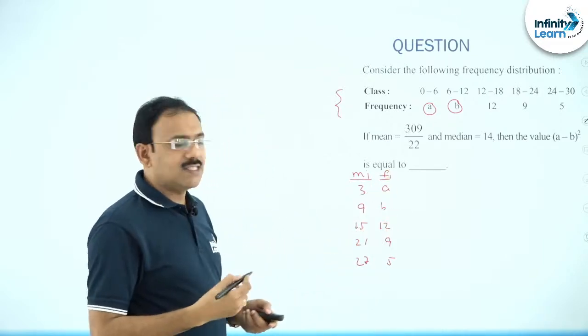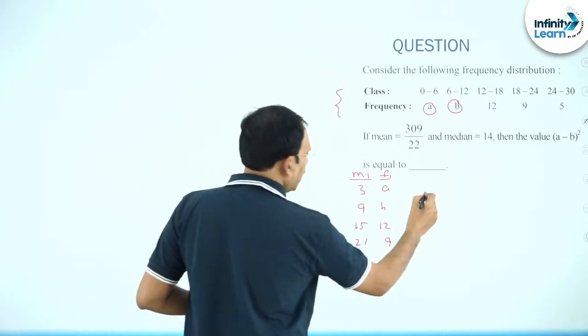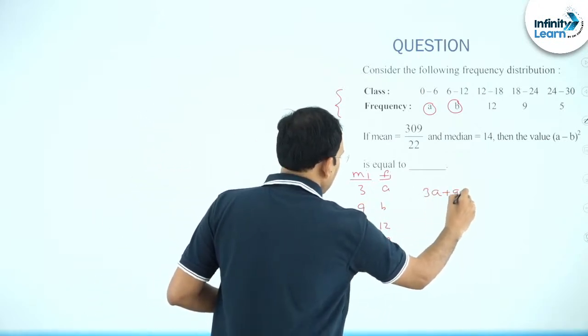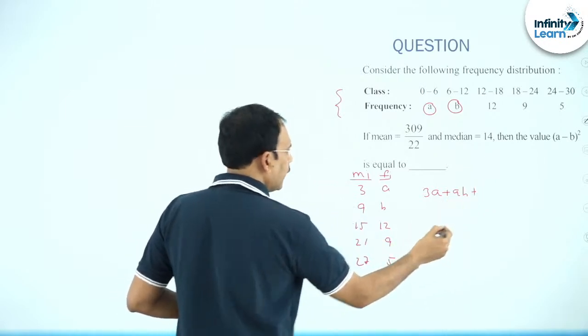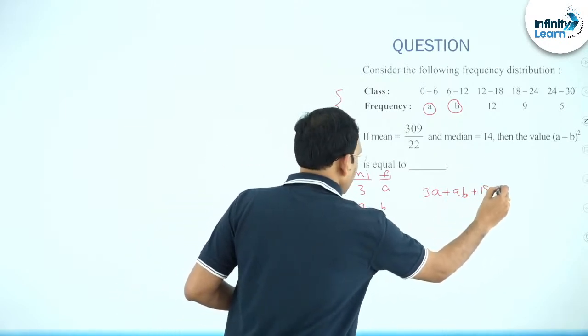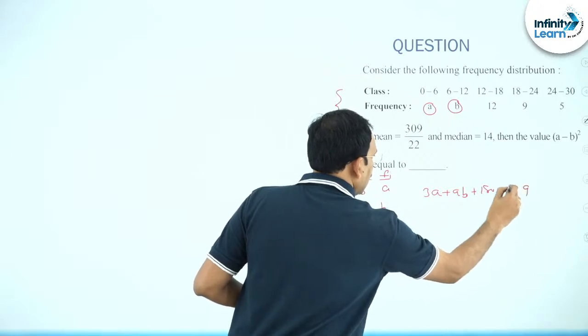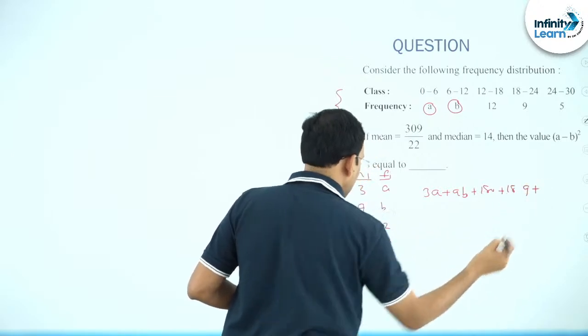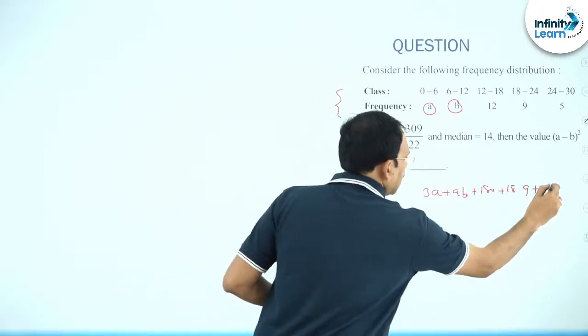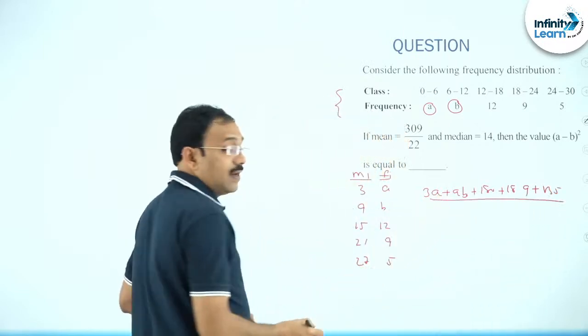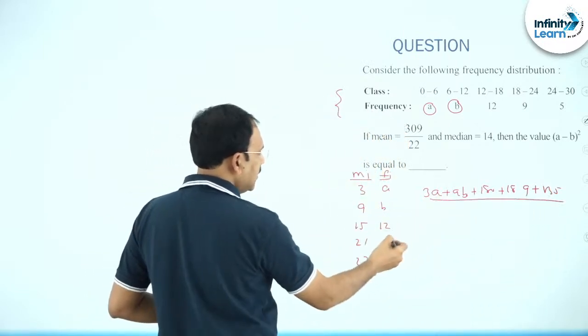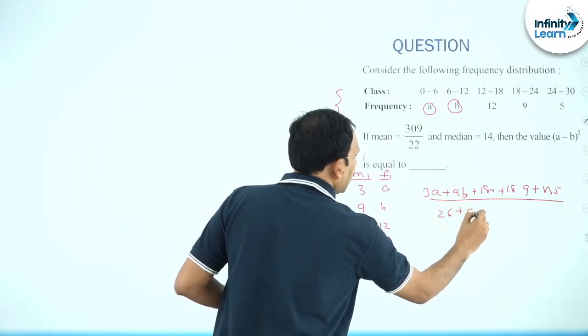Now, what about the mean? Sigma fi mi by sigma fi. You see, this is going to be 3a plus 9b plus 15 into 12, 180, plus 21 into 9, 189, plus 27 into 5, 135, by the number of items, the sum of all these, 26 plus a plus b.